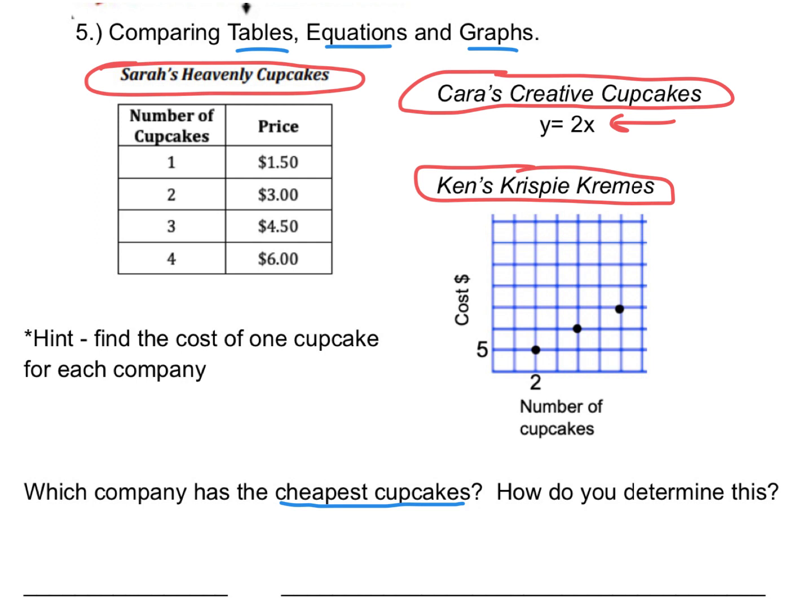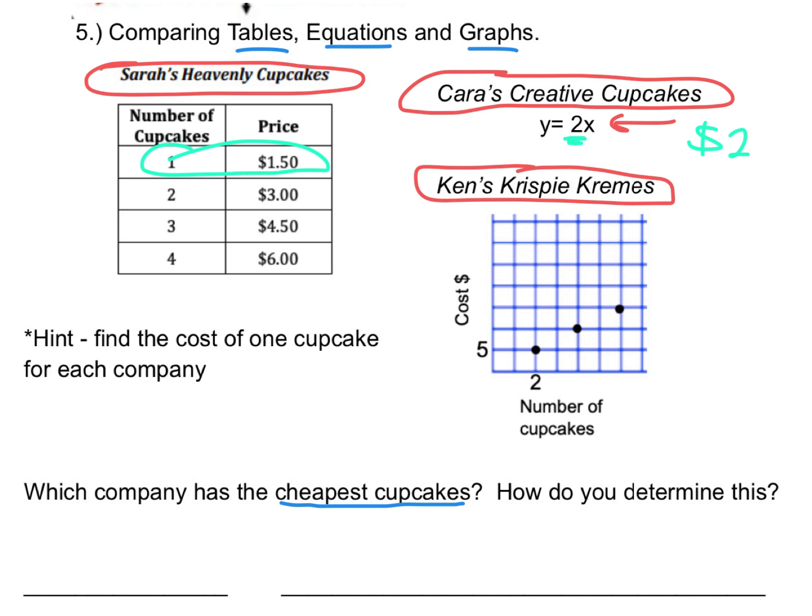So let's find how much it costs for each cupcake. So at Sarah's, it tells us right here. One cupcake is $1.50. So that one is pretty easy. On Kara's, the equation tells us each cupcake would be $2 because the rate is 2.